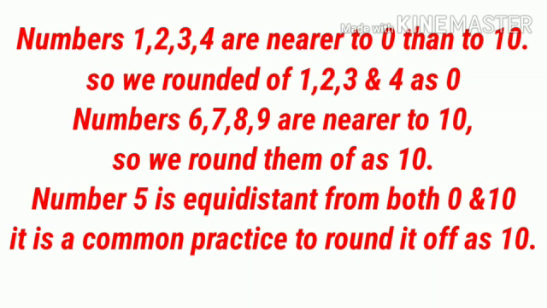So we round off 1, 2, 3, 4 as 0. Numbers 6, 7, 8, 9 are nearer to 10. So we round them off as 10. Number 5 is equidistant from both 0 and 10. It is common practice to round it off as 10.